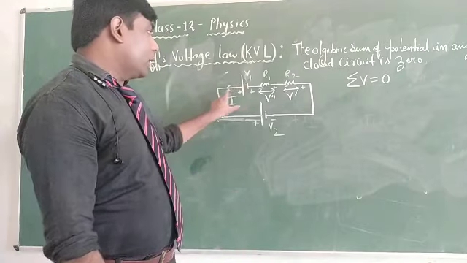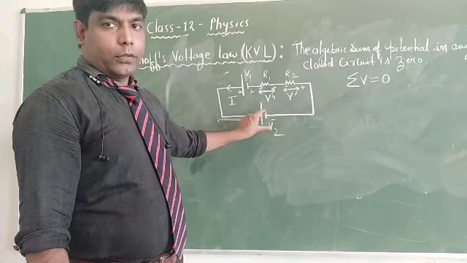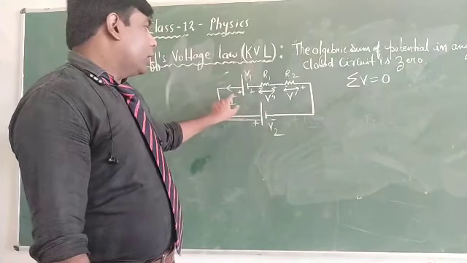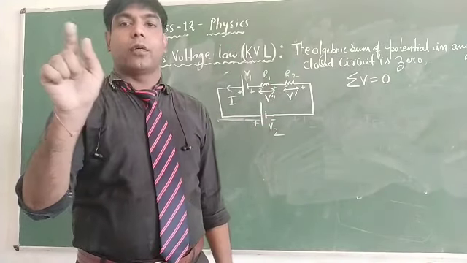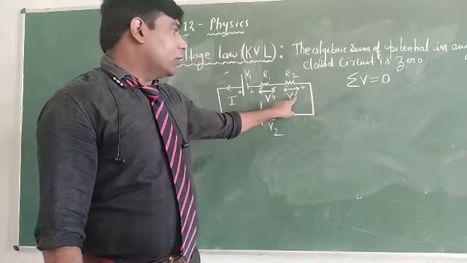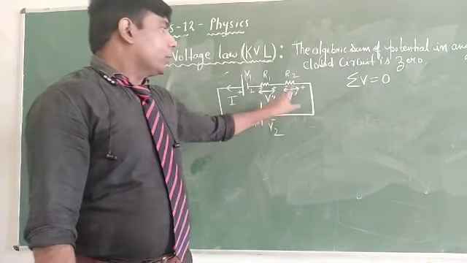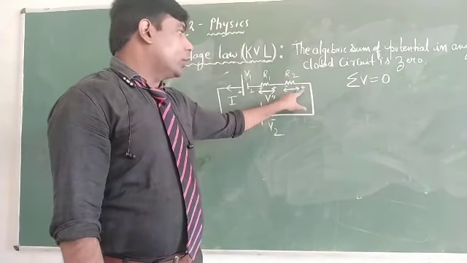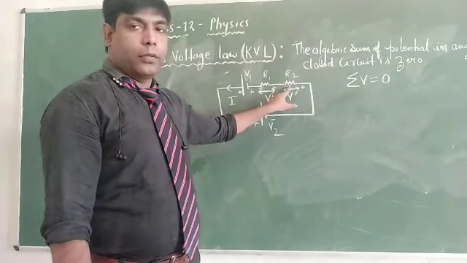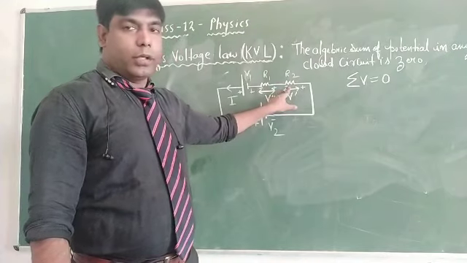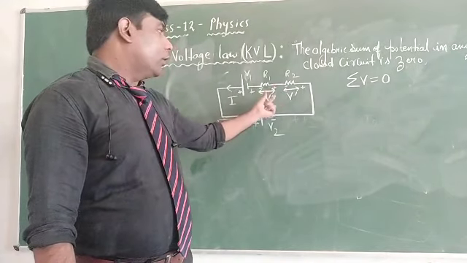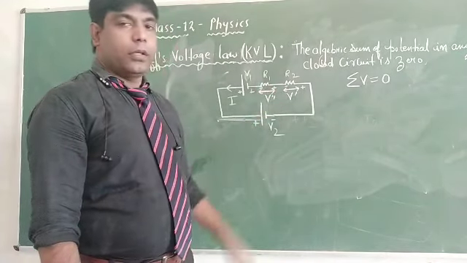See here, this is the given potential, but when current flows through this resistance, there will be a drop of V equal to I into R. We have marked these as V dash, V double dash. Current will enter this point, so this is positive of the V dash, this is negative. Because the current entering point is positive and leaving point is negative. Similarly here, V double dash, it will be positive, it will be negative.